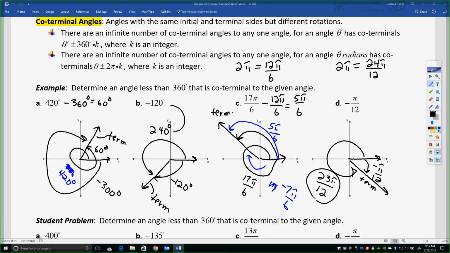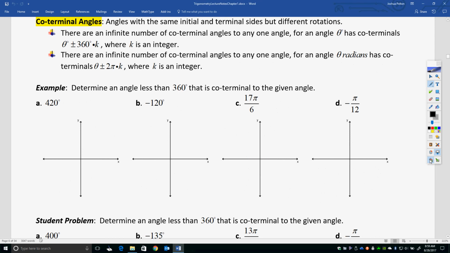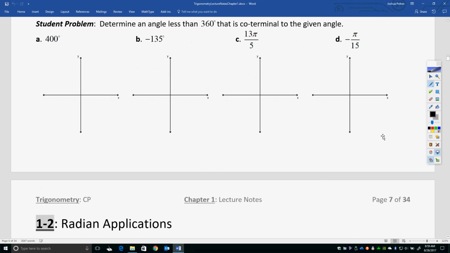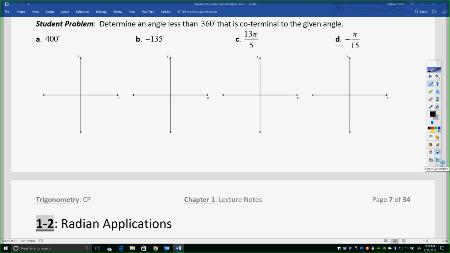All right, pause the video and try these student problems. Okay, so the first student problem is 400 degrees, which is more than one time around. So we'll take out the 360, which leaves us with 40 degrees.